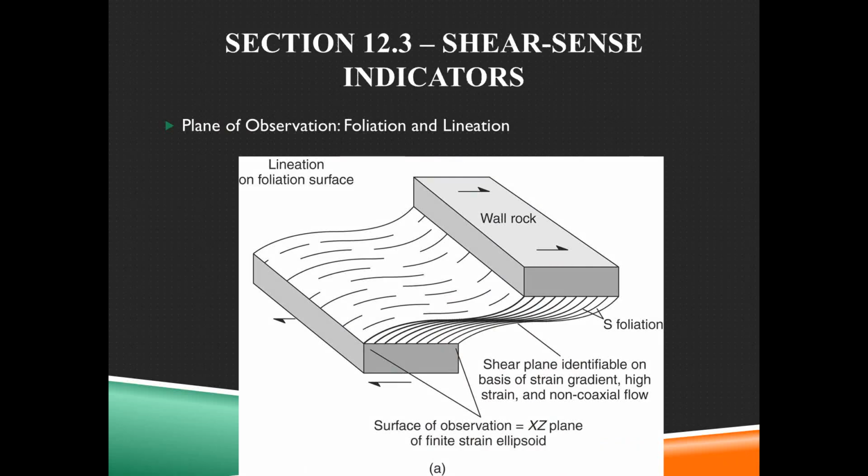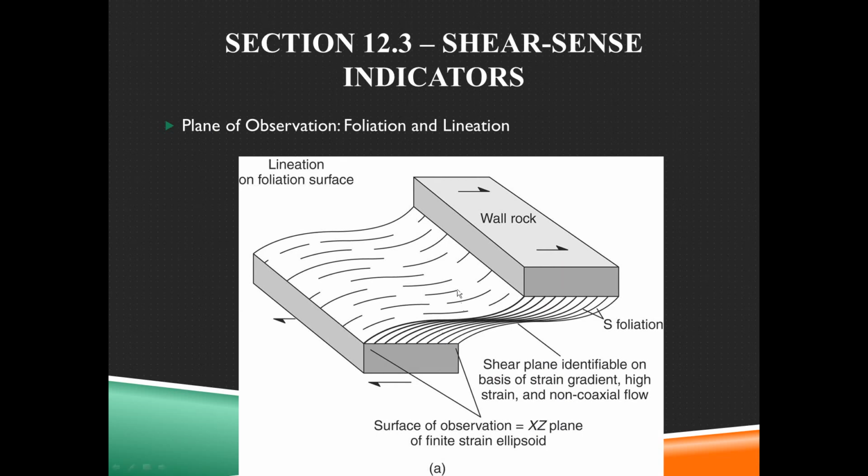So with that, that leads us into how can you tell what kind of motion you have based on the foliations and lineations of this mylonite. In this example here, this drawing, the top rock block is moving to the right, the bottom is moving to the left, and it's distorting the mylonite between.